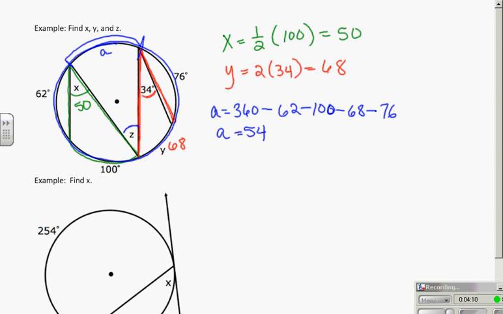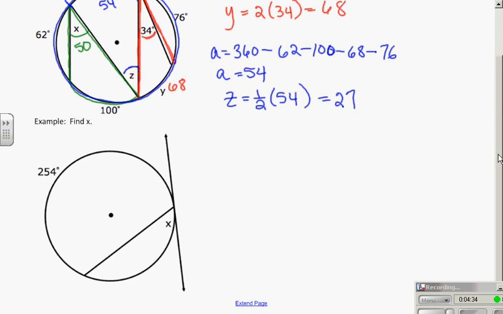And so I know that arc A is actually 54 degrees. Once I know that, Z is 1/2 of its arc, and so I know that Z is 27 degrees. So between the 360 bit and our new arc formula, we can find all of the missing parts of this circle.